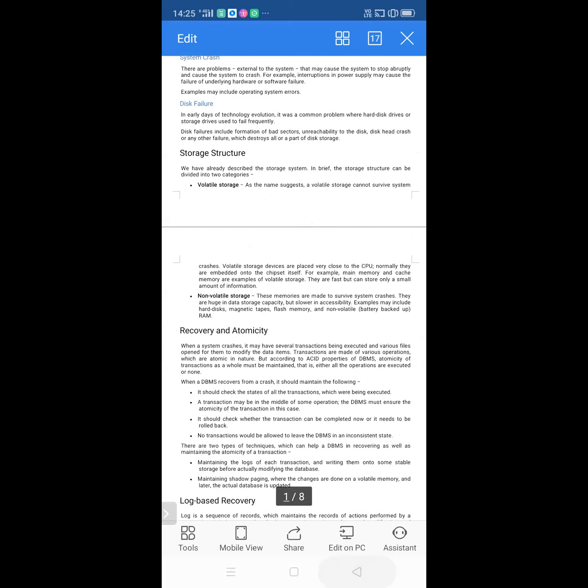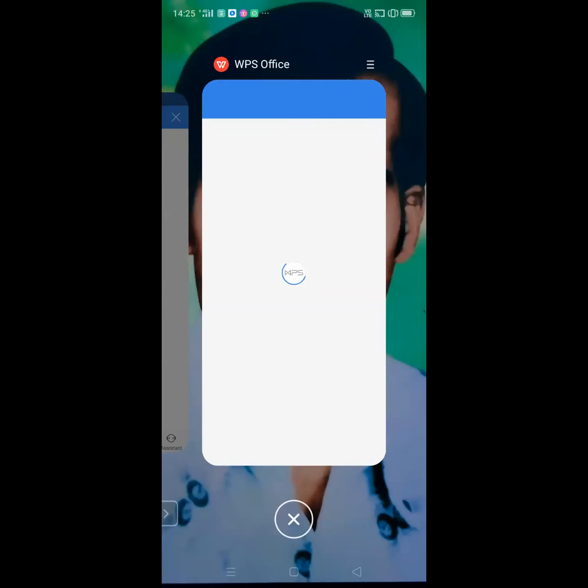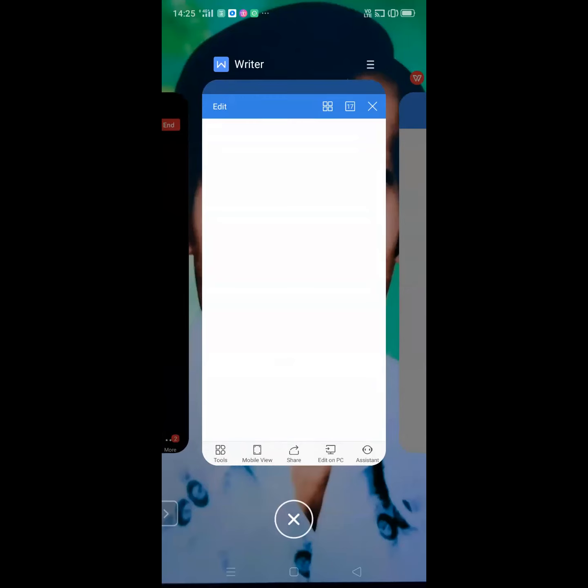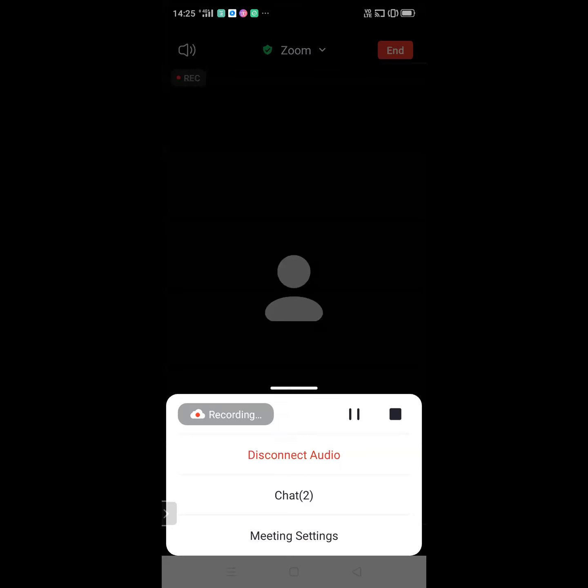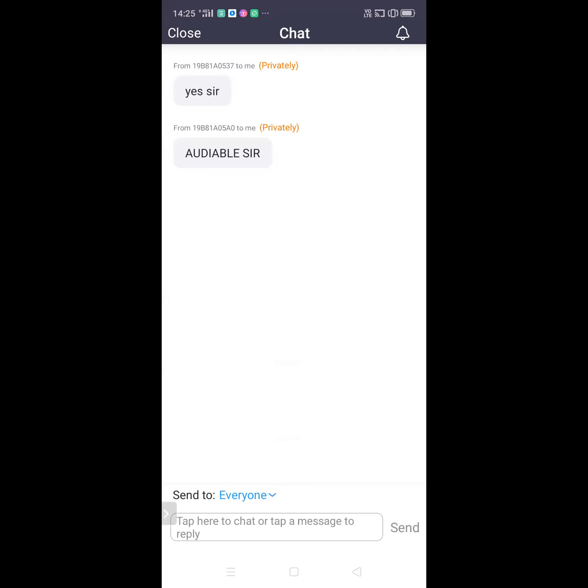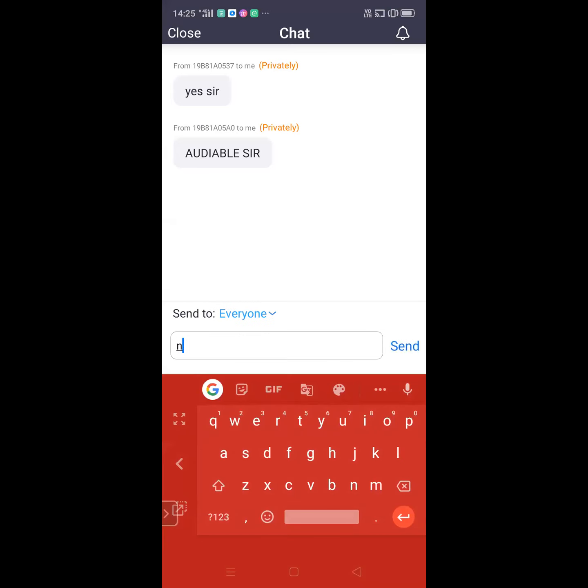I will give you time for this, because this is a very important topic. If you know about this, please send it to me through the chat box. What are the necessary conditions for deadlock?